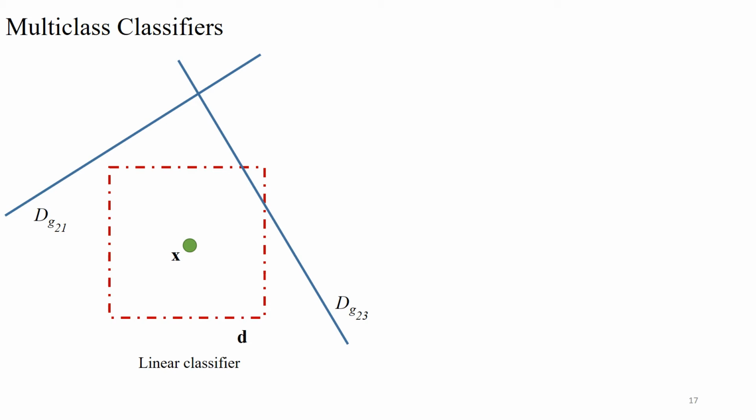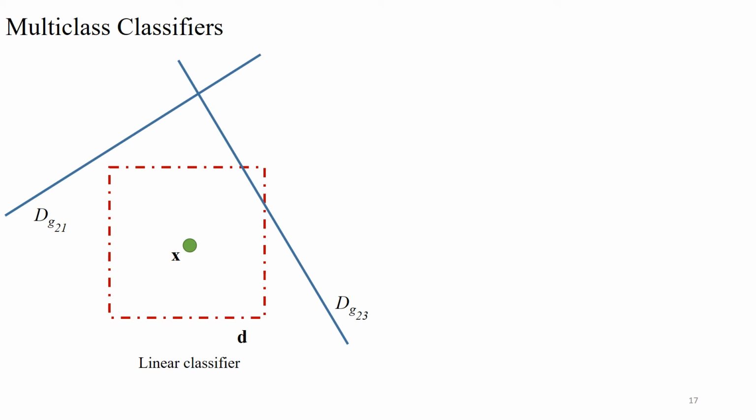Now, let's look at a simple example of attacking linear multiclass classifiers. In this example, we have three classes L1, L2, and L3. The input image x is classified as L2. The decision boundaries of two corresponding linear binary classifiers G21 and G23 are denoted as straight lines. Classifier G21 actually decides whether input images are more likely to be in class L1 or class L2.